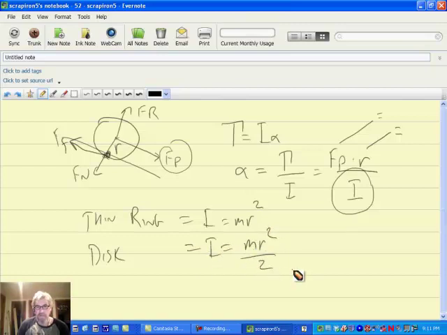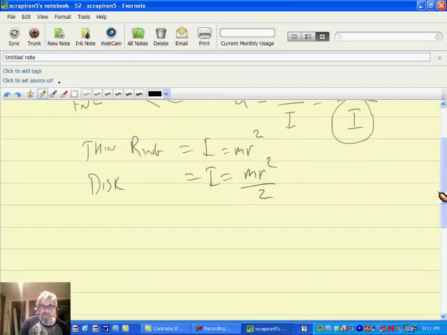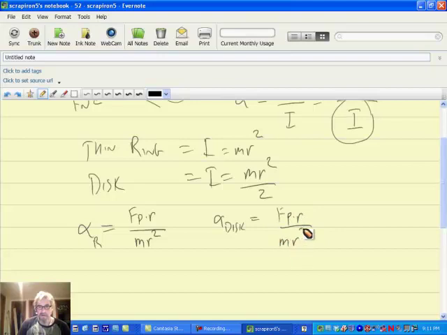So the difference between the two in terms of angular acceleration: both of them are force parallel times R divided by I, but I for the ring is mr squared, and for the disk it's mr squared divided by 2. And this works out to Fp times R times 2 divided by mr squared.